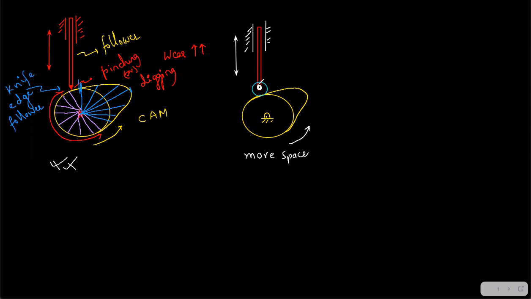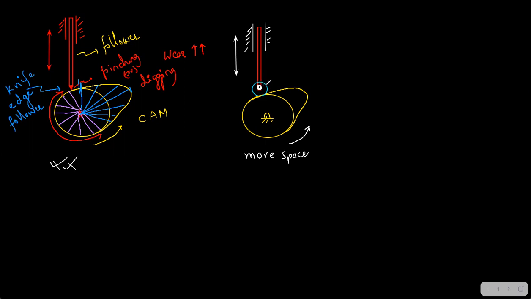Fine. So the pin is very small and it is very thin. So will it be able to bear this high kind of loads? Because if you want to fix it in an IC engine, you are going to have very small space. So in that small space, the follower will be very small, and sorry, the cam will be very small. For a very small cam, you will have a very small roller. And if the roller is small, smaller than the roller, you will have the pin, right? Pin will be the smallest.